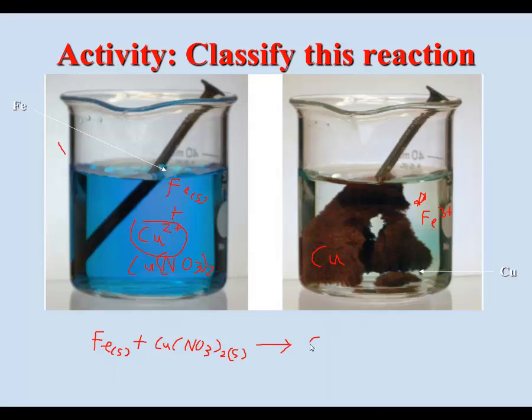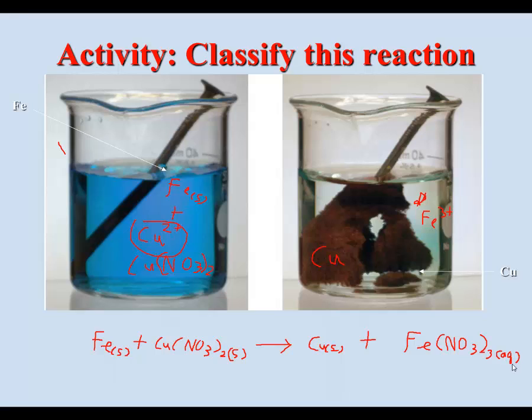So I'm going to show copper by itself as a solid coming out. That's what we're seeing here. And then the other product is going to be my ionic compound, my iron 3 nitrate, because I had nitrate ions and I had iron 3. So I'm going to end up with iron with 3 nitrates. And nitrate salts are soluble, so I'm going to put AQ here.